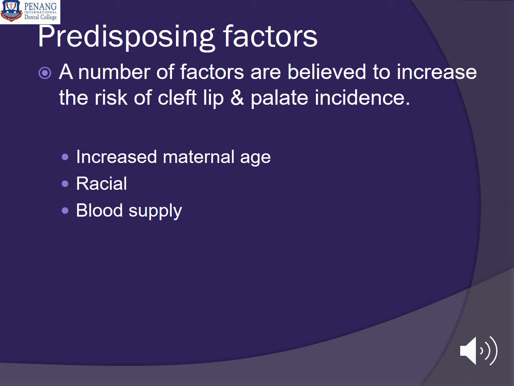Some races are more susceptible to cleft than others. For example, as we saw in the previous slide, Mongoloids show the greatest percentage of incidence. And thirdly is blood supply. Any factor that reduces blood supply to the nasomaxillary area during embryological development predisposes to cleft.